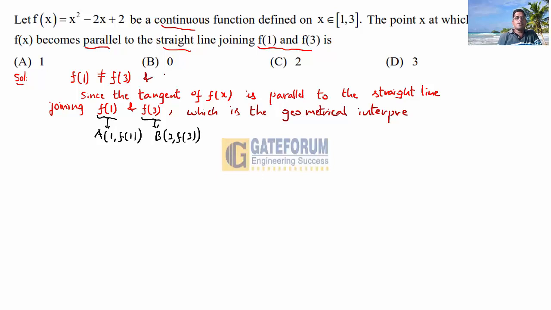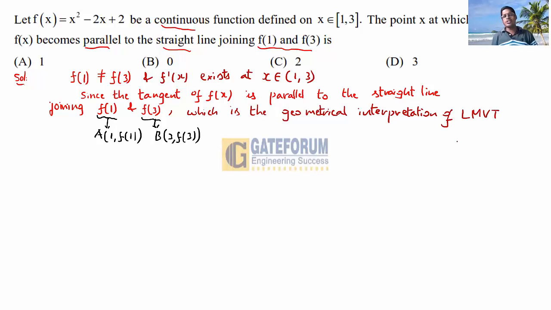Here I can write that f'(x) exists at x belongs to the open interval (1, 3), that is usually the interval denoted by (a, b). Interpretation of Lagrange's mean value theorem, LMVT, that is short form of Lagrange's mean value theorem.